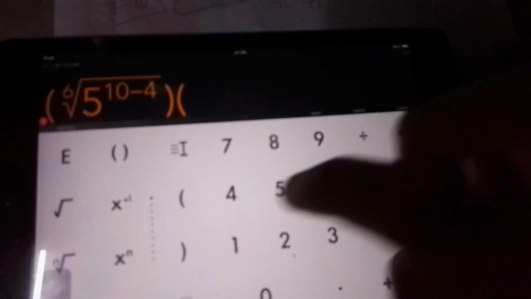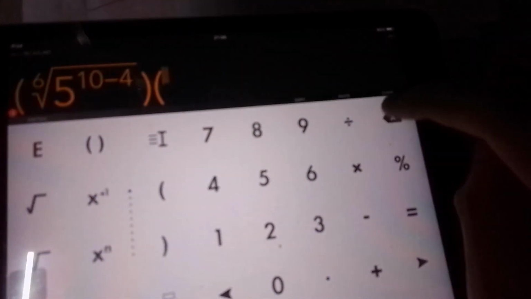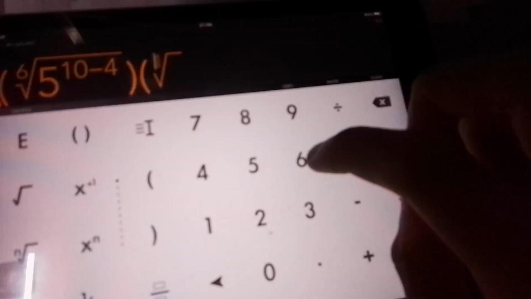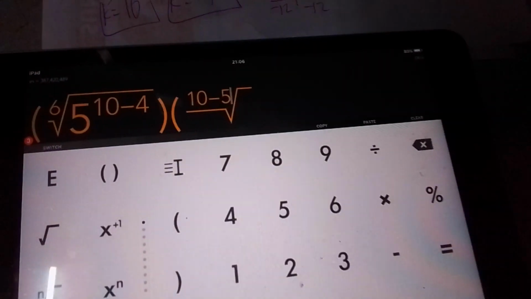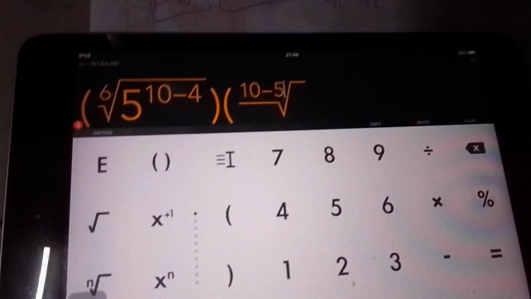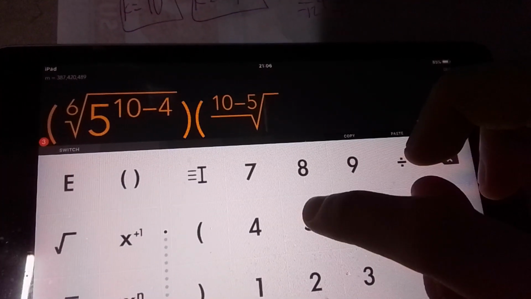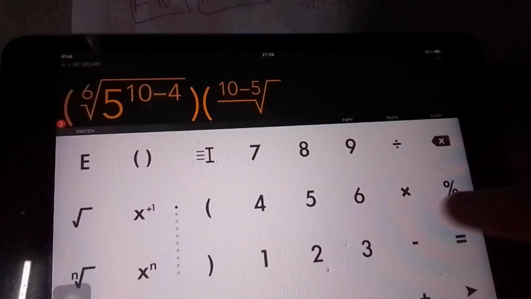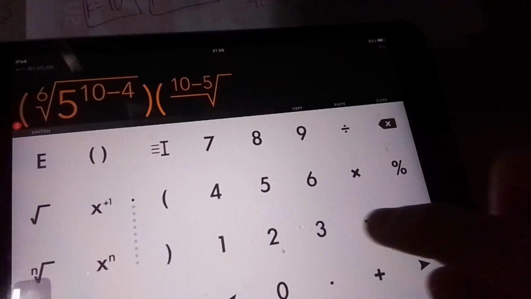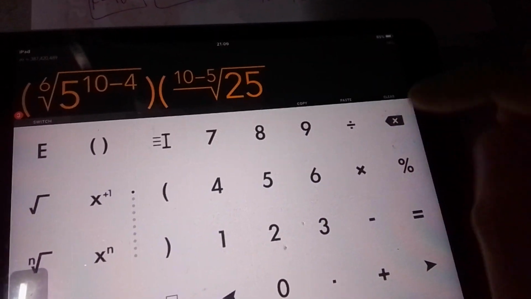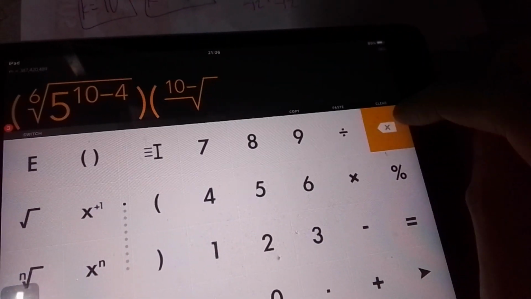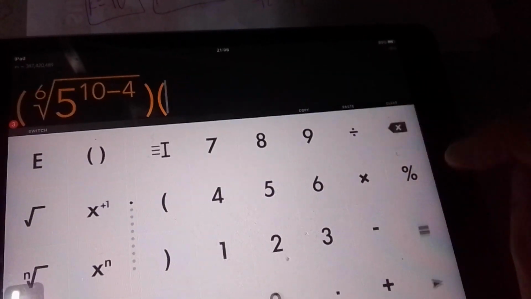And then in the middle, we have the k minus 5 power, which is 10 minus 5. And then this becomes 25. Or you can rewrite it as a fraction, because remember it's raised to the negative 1.